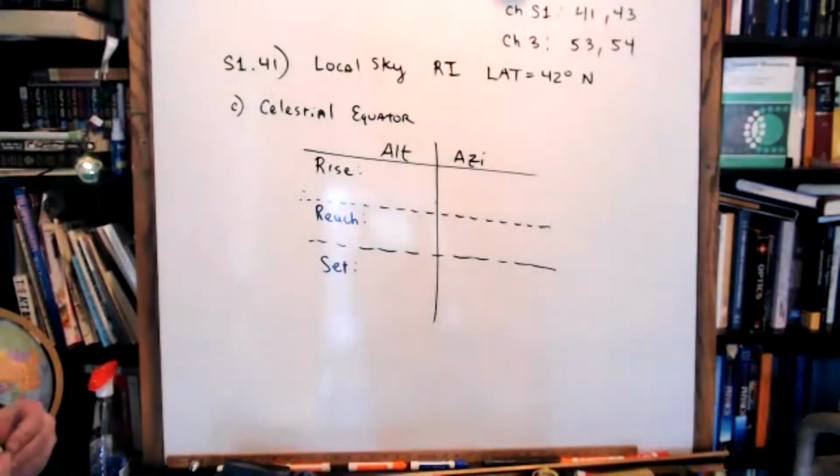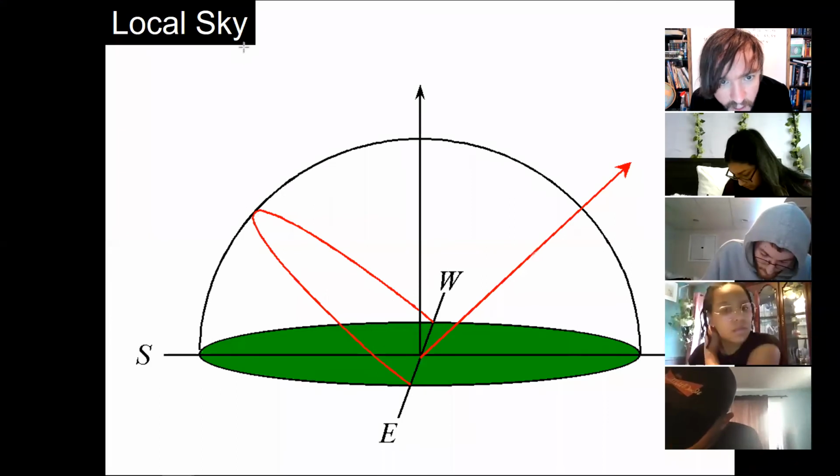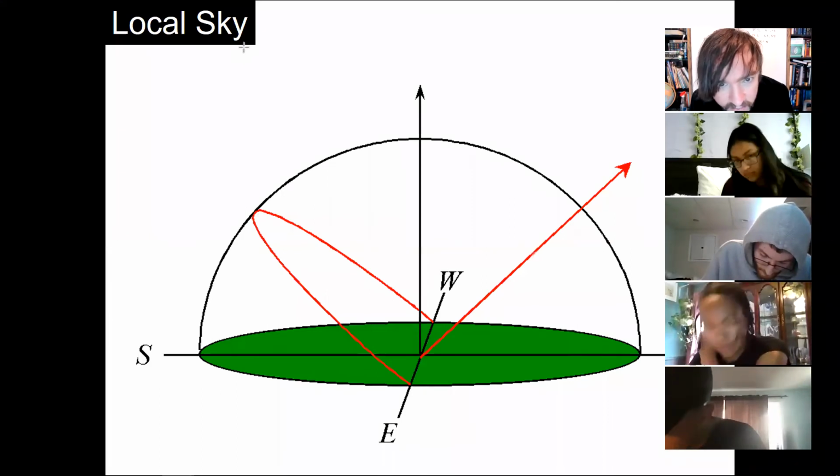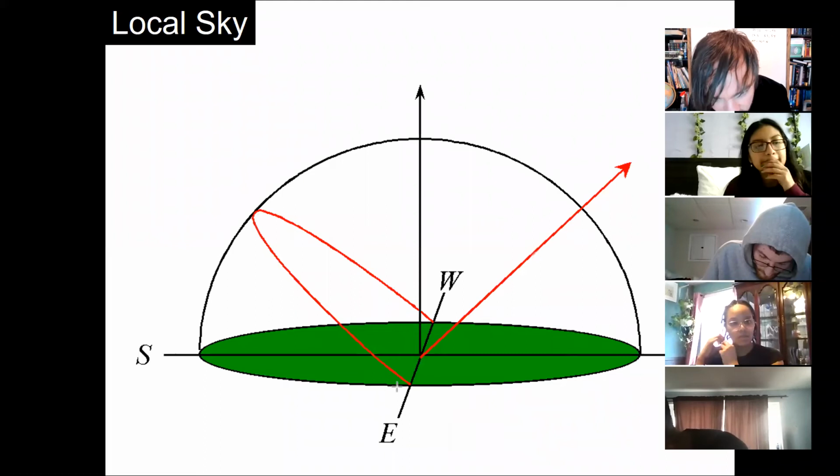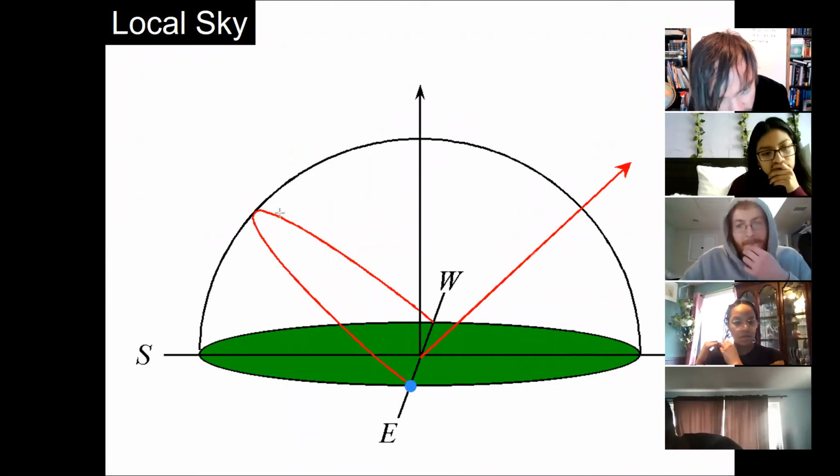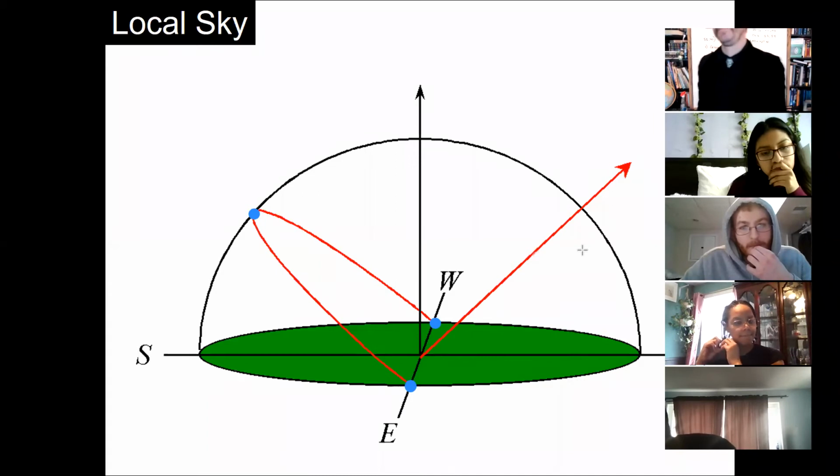All right, let's look at our points again. The celestial equator is the red ring. Considering that most stars rise in the east and set in the west, this is the rise, this is the reach, which is the highest point, and that's the setting point.